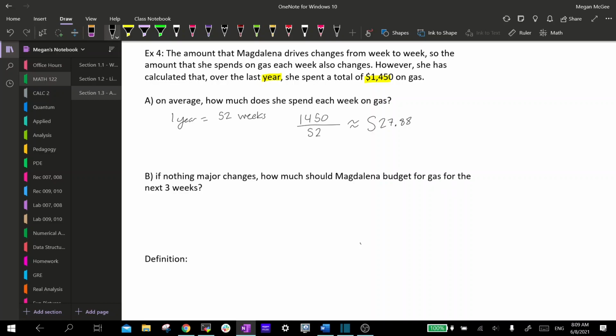Right, and we can add a little dollar sign here. Okay, so on average, she spends $27.88 every single week on gas.